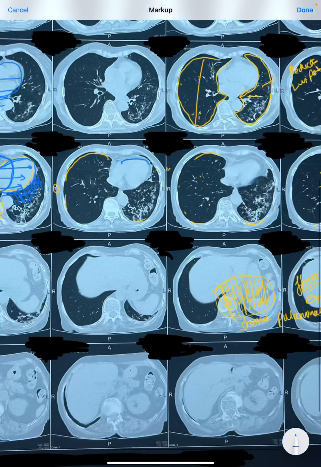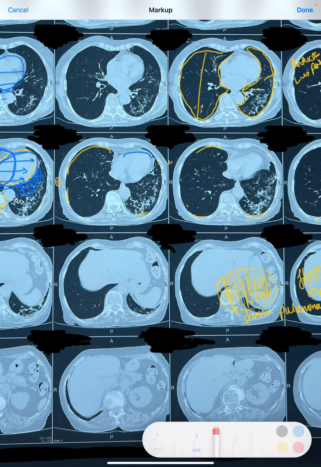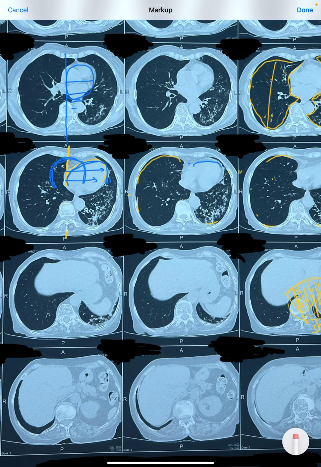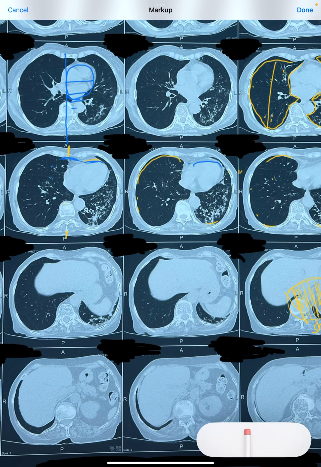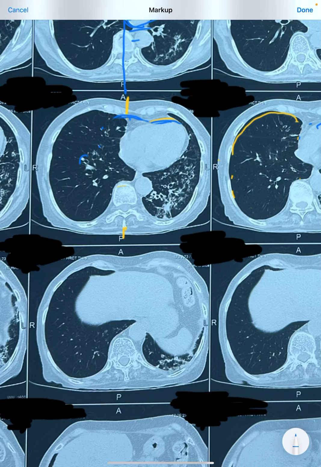What we can see is there are some bronchiectatic lesions also. Now what is bronchiectasis? Bronchiectasis is an abnormal permanent dilatation of the bronchi or bronchioles. So this is a normal bronchiole. A bronchiole is a structure which carries air.